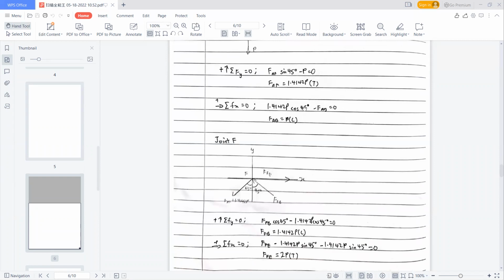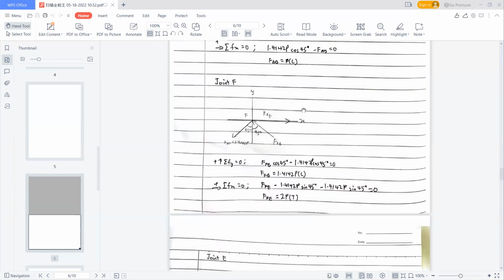So 1.4142 P cos 45 minus force for AB. So we will find that force for AB is equal to P, which is for the compression.